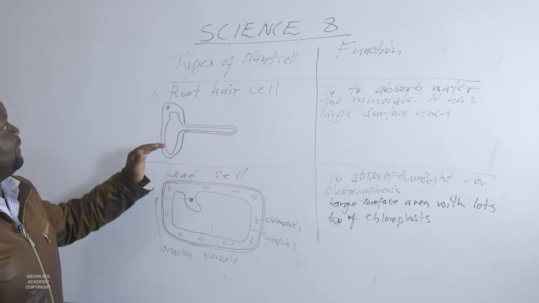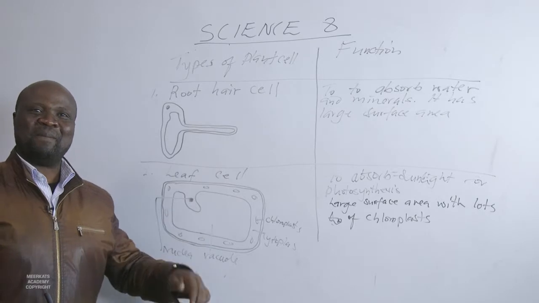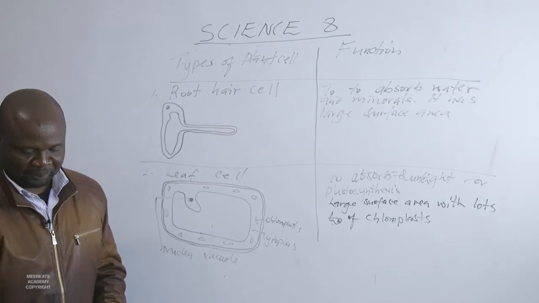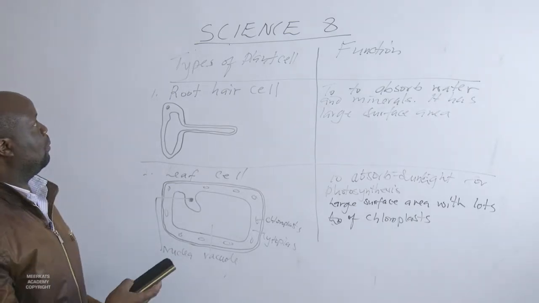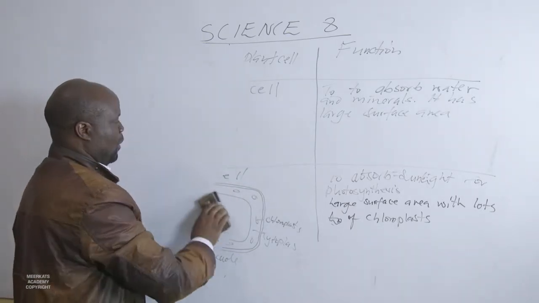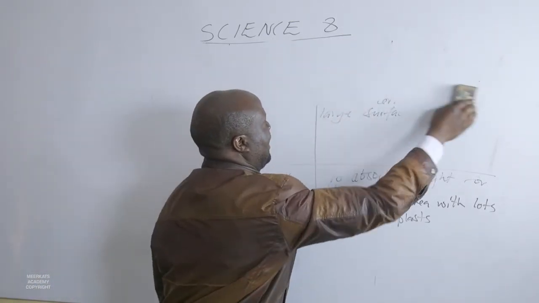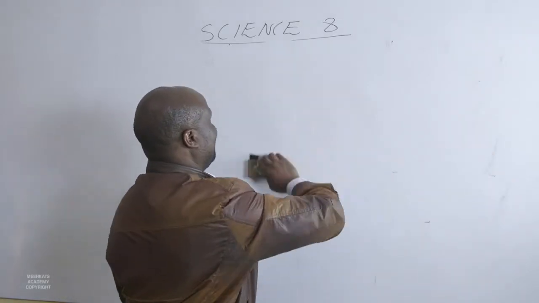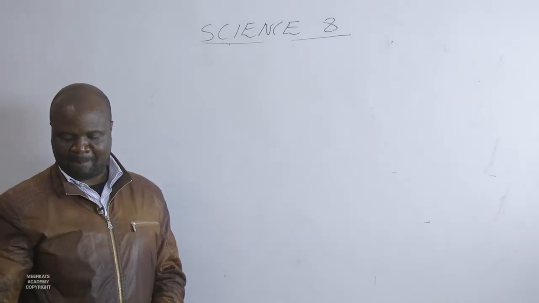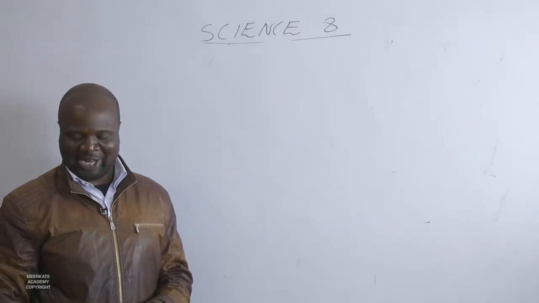So we have only given these two examples of plant cells, but there are many more types of plant cell. We shall have more examples in our next lesson on the plant cell, but let us touch on single-celled organisms.